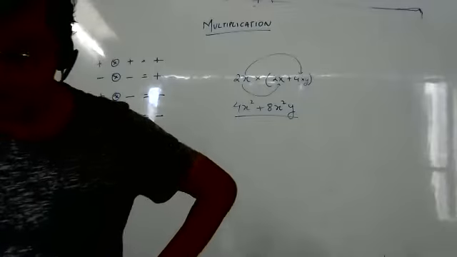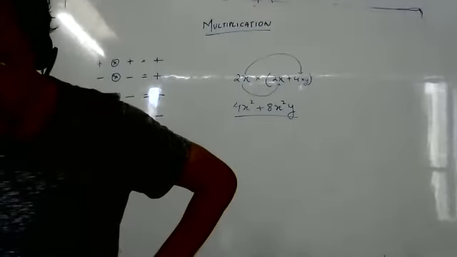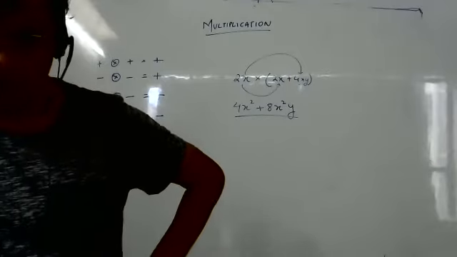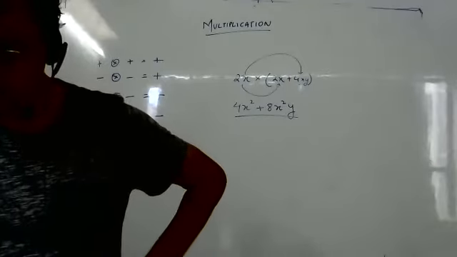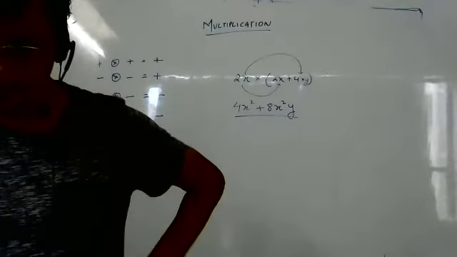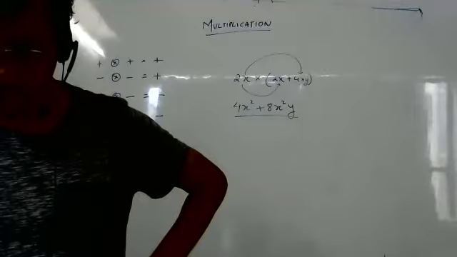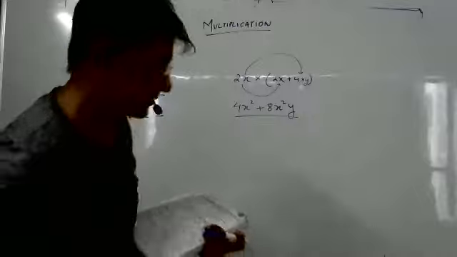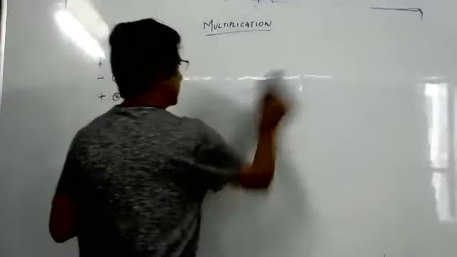Yes, sir. Then x square into x into x. See the question. 4x square into x into x. Okay, so what will it be? Sorry, sir, could you repeat? I didn't understand.